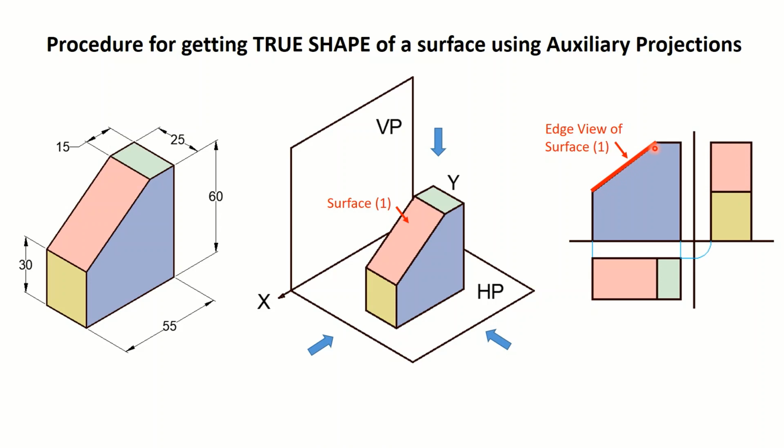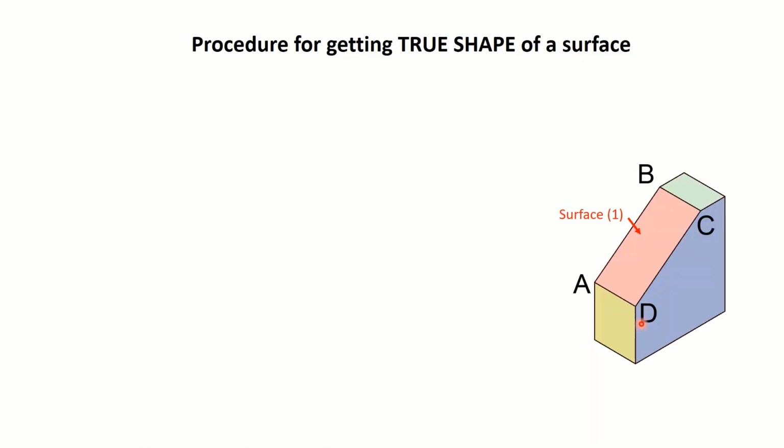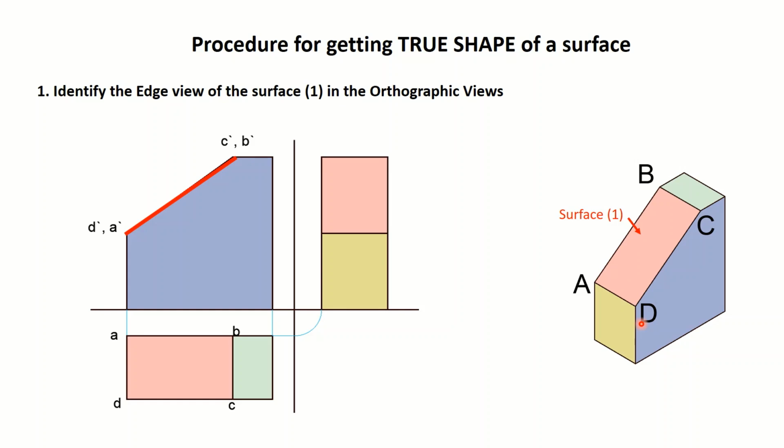So the first step in the procedure is that we identify the edge view of the surface in the given orthographic views. In this case, this is the edge view of surface 1, which is named here as ABCD for the sake of demonstration.